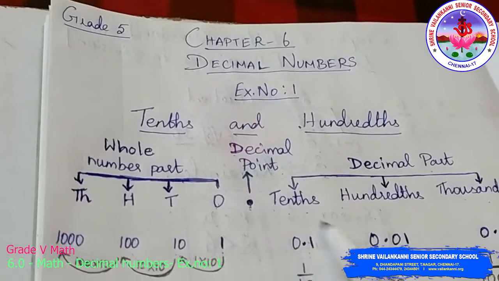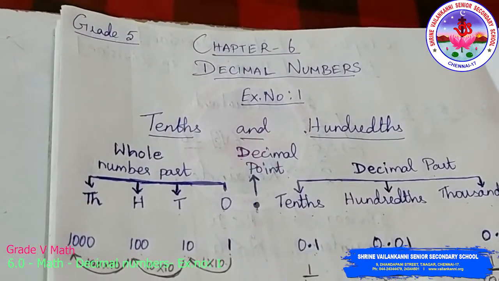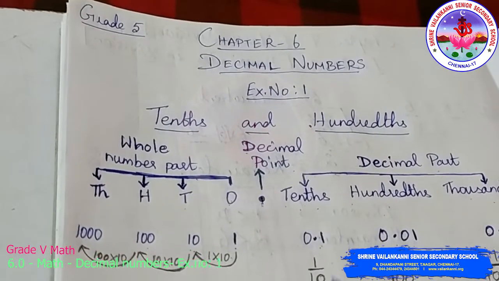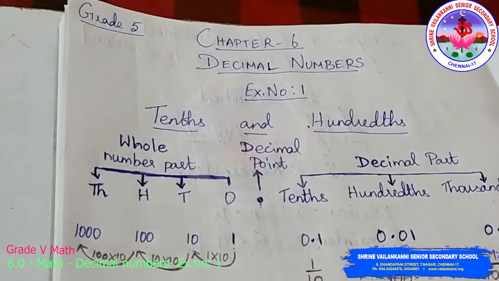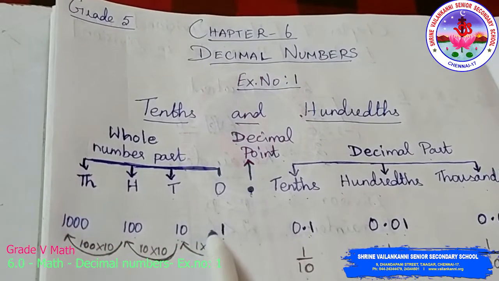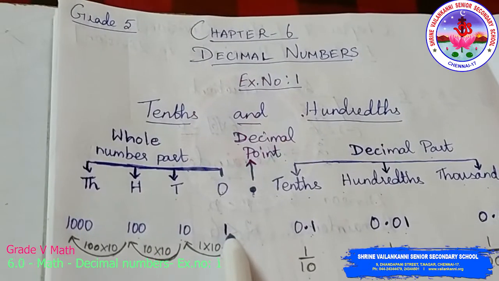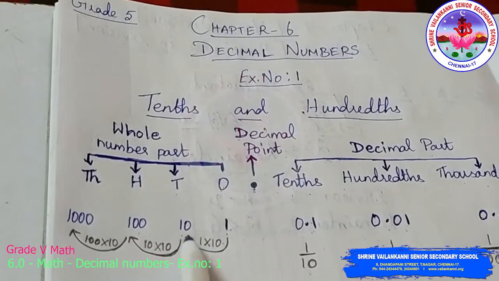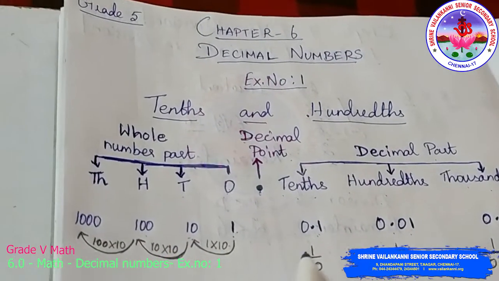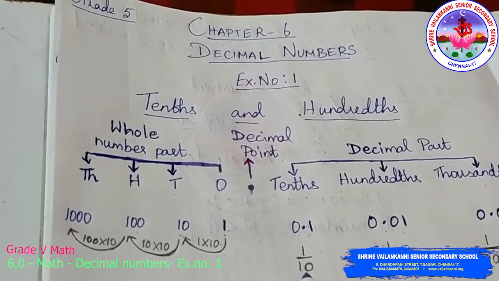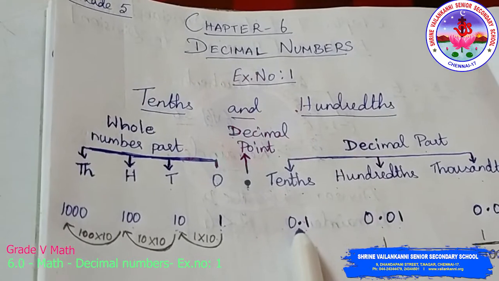So how we got this 0.1, 0.01, 0.001 is 1 by 10, that is 1 divided by 10. See, in the whole number part, this 1 is multiplied by 10 so that we get the next place value. Here the same 1 is divided by 10 so that we get 0.1.